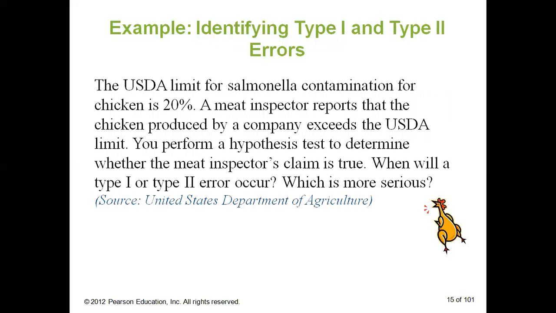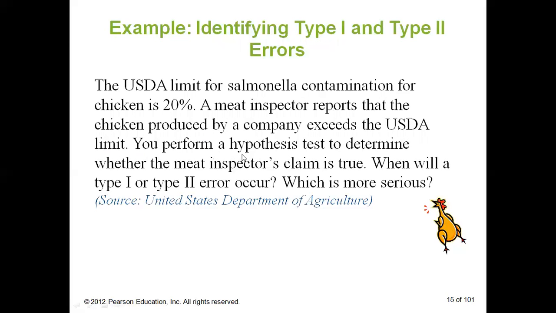So how will we identify type 1 and type 2 error? Here an example is given. The USDA limit for salmonella contamination for chicken is 20%. A meat inspector reports that the chicken produced by a company exceeds the USDA limits.